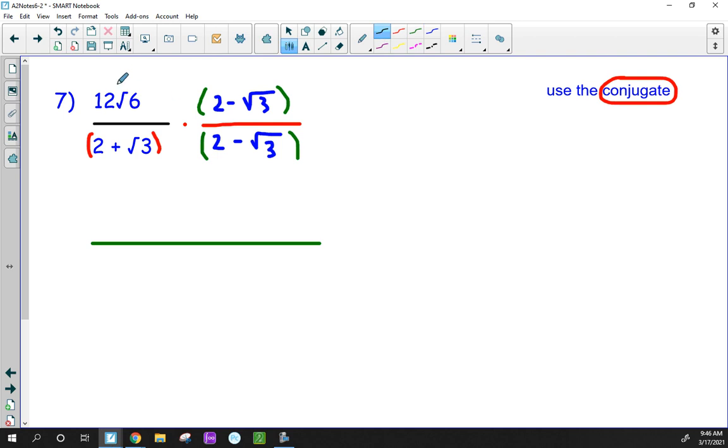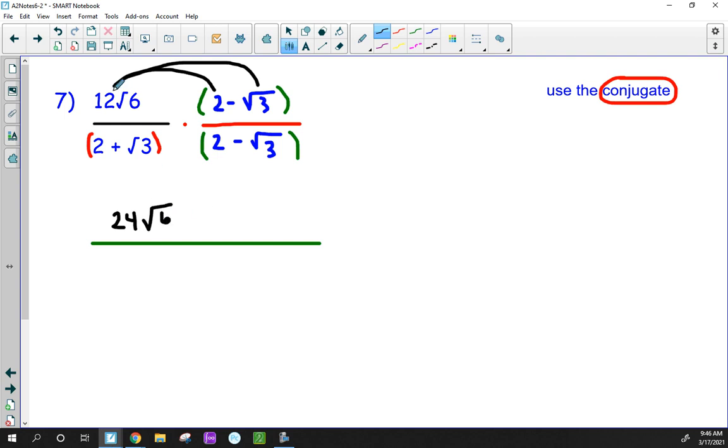We have 12 square root of 6 times 2. We're going to distribute. And then 12 radical 6 times negative radical 3. One at a time. 2 times 12. Notice 2 is not underneath a radical. So 2 times 12 becomes 24. We're in multiply mode. And then the radical 6 is going to have to come down with the 24.